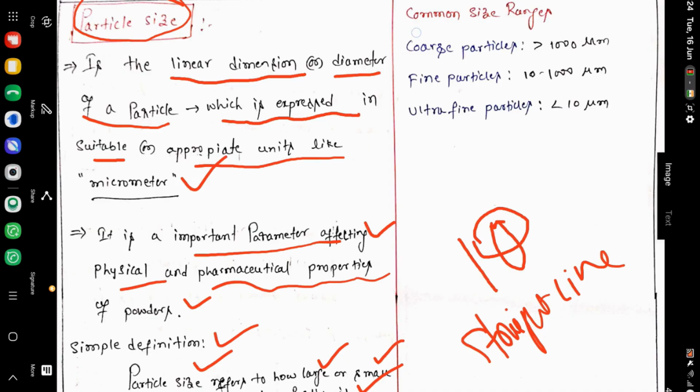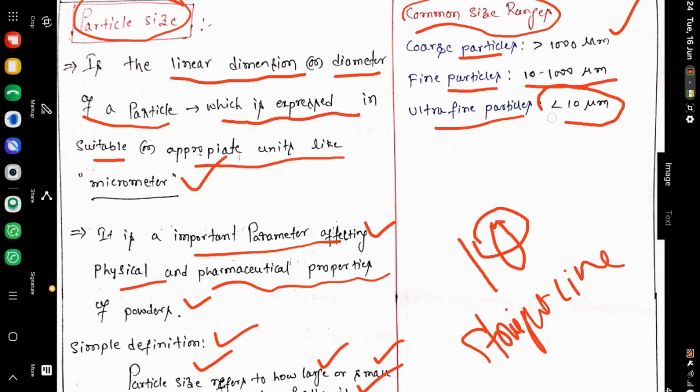Here there are some common size ranges: coarse particles, the range is below 1000 micrometer. Fine particles, in between 10 to 1000 micrometers. Ultra fine particles, up to 10 micrometer.